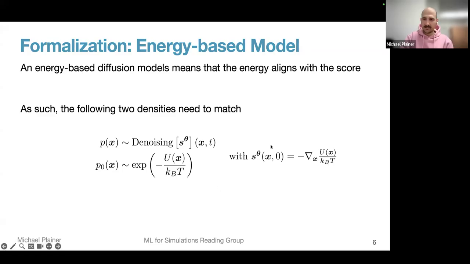So basically defined by the score and this relation, we can also define again with the Boltzmann distribution what our probability at time t0 should be. And basically for a well-trained diffusion model, this should be equivalent. And if we can actually manage to find such a model where this is equivalent, this is really nice.